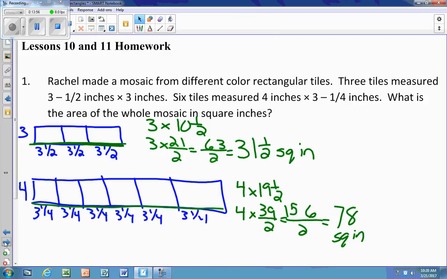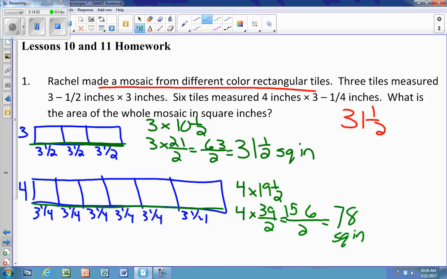And now we have found the area of each of these separately, but you made a mosaic with all of this. So now I need to add 31 1/2 plus 78. And we end up with 109 1/2 square inches.